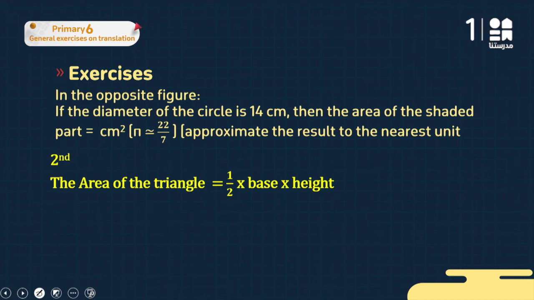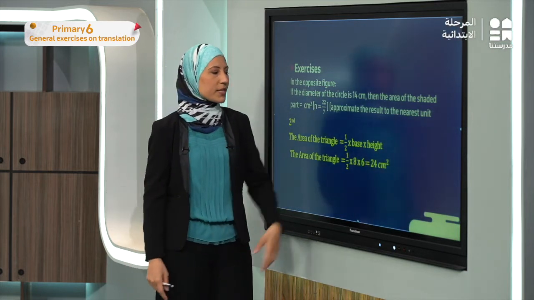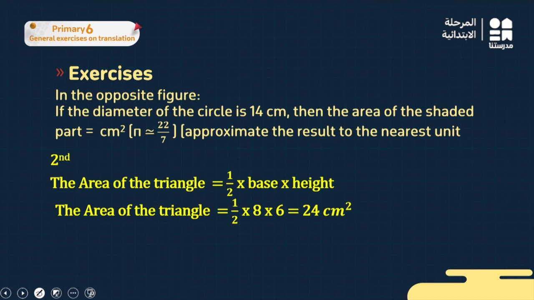We already took this rule before in 5th primary too. So half times 8 times 6 gives me 24 centimeters square. This is my area of the triangle.